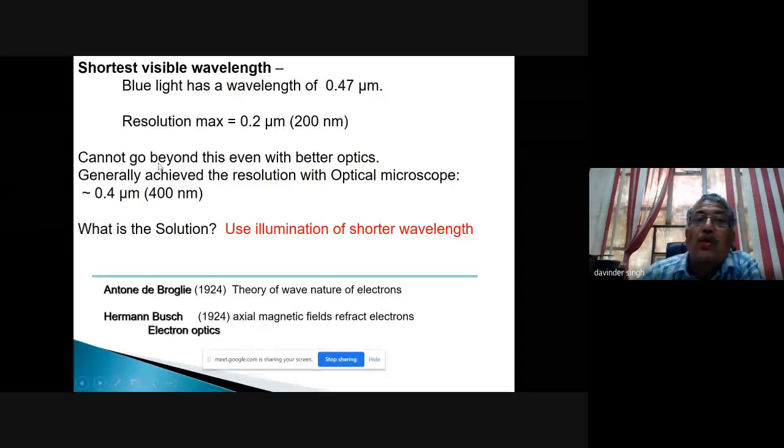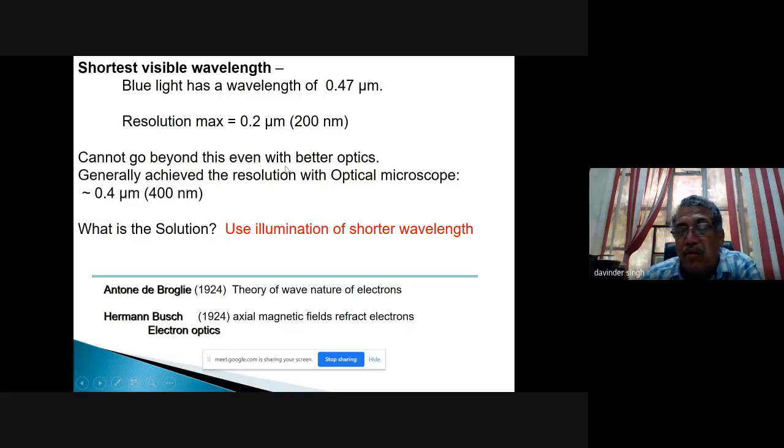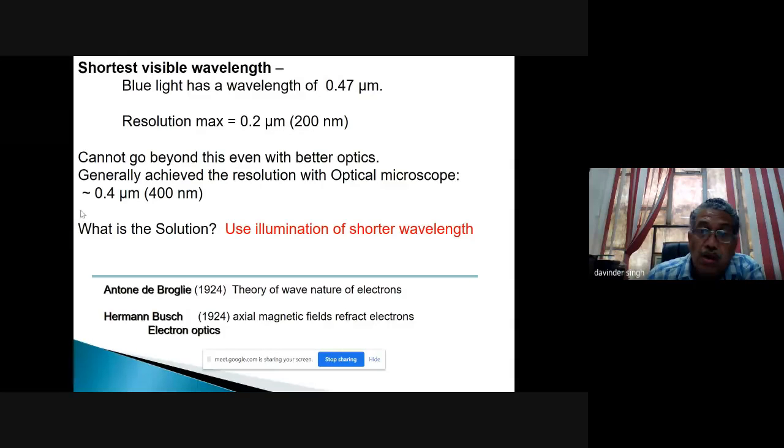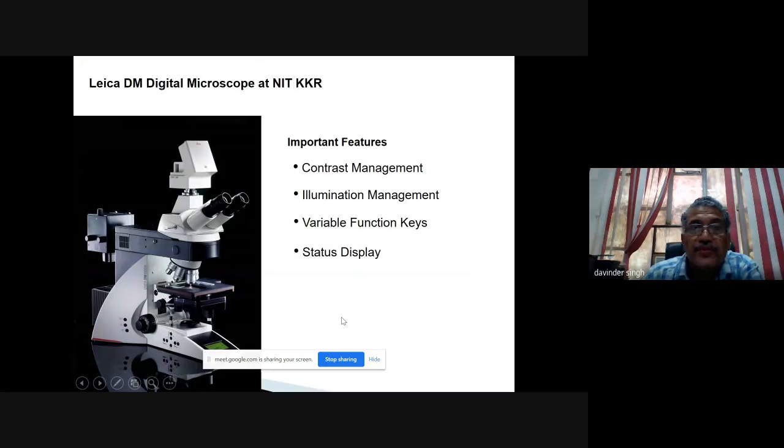We cannot go beyond this even with the best possible optics. Generally, resolution with the optical microscope is of the order of 0.4 micrometer. But if we want further improvement in resolution, we need a shorter wavelength, and we think of the de Broglie wavelength.